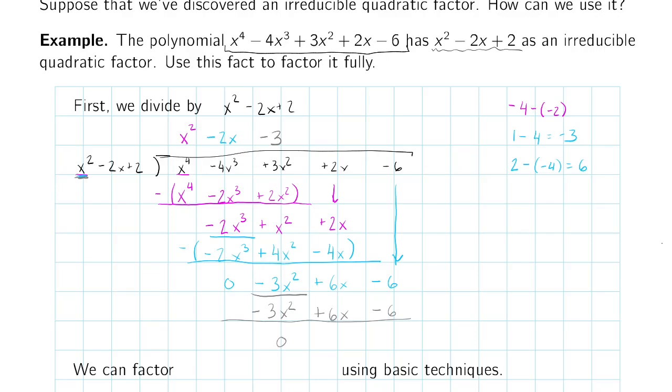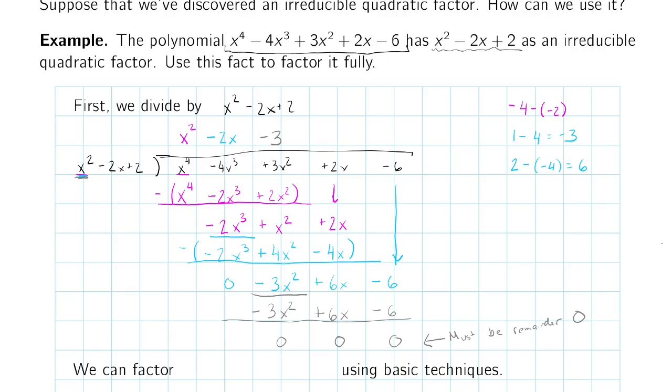And my remainder is 0. If I don't get a remainder of 0, something is wrong. Either that wasn't a factor, or I made a mistake in my division. But at this point, this must be 0, or something has gone wrong. As it is, we're good.